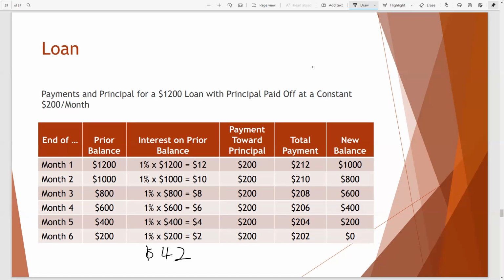And the principal you pay is $1,200. So in total you paid $1,242 to pay off this 6-month loan.